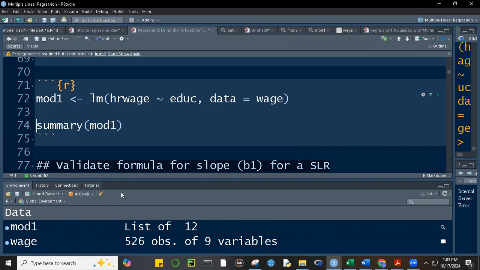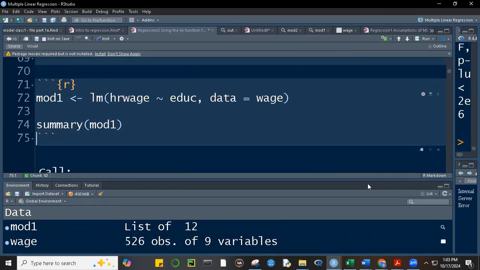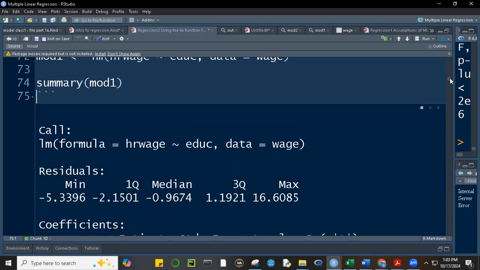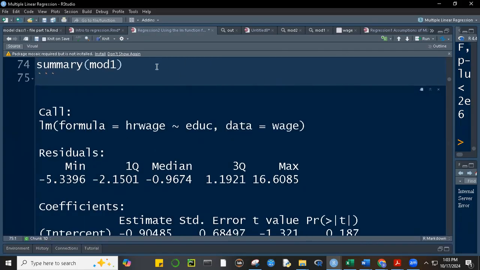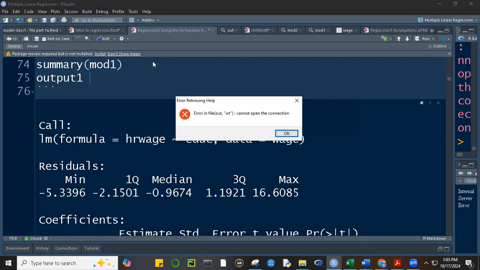So it's a list of 12, okay? And we got the summary of this. So this is where we spent a bit of time. You can actually also, let's say, create output 1.